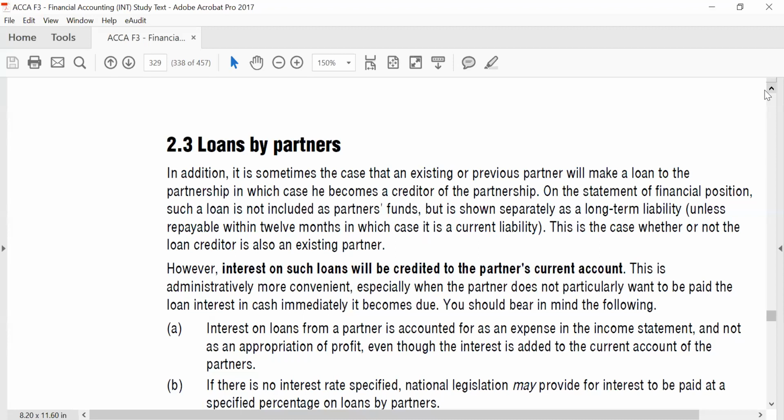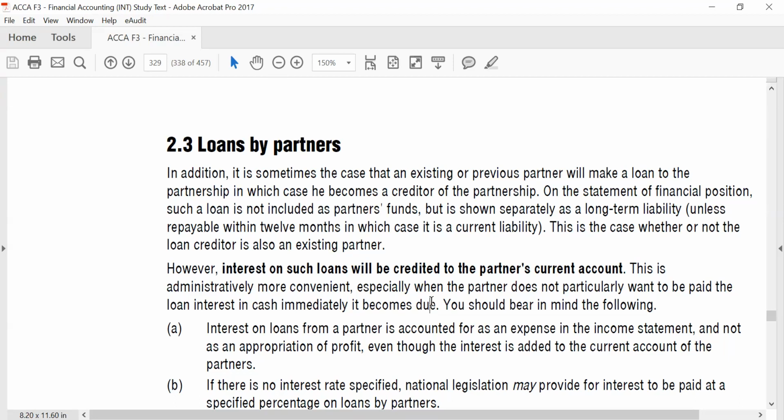A loan by a partner, just like any other loan, is recorded within our liabilities. This could be a long-term liability, especially if it's repayable in a period above 12 months. But then also, note that the interest is credited to the partner's current account.